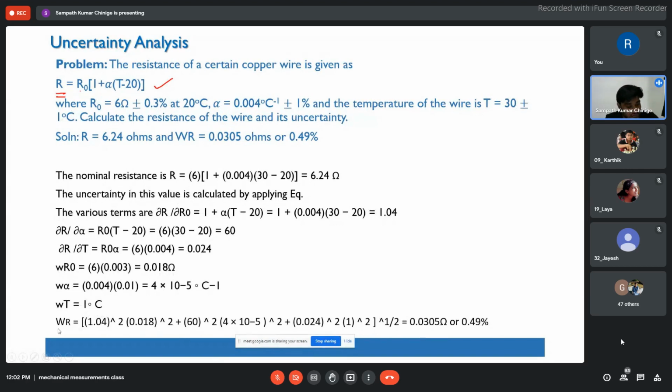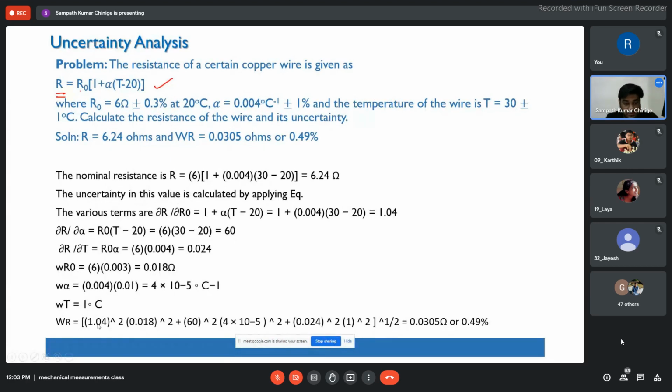Now substitute this value in omega R. Omega R is nothing but the uncertainty in R, resistance. So that is nothing but dou R by dou R naught into omega I, whole square.